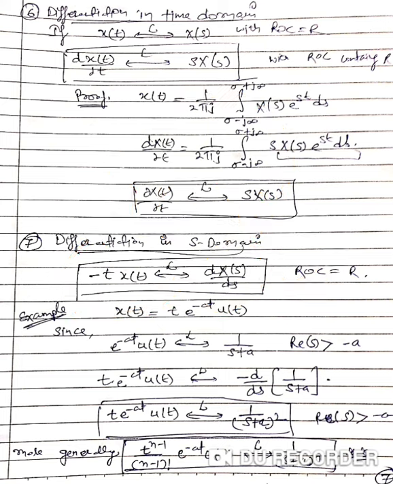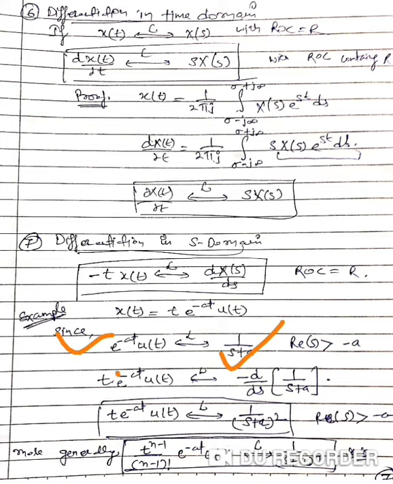For example, x(t) is equal to t into e raised to power minus at u(t). We know that for e raised to power minus at u(t), the Laplace transform comes out to be 1 upon s plus a, and ROC is real of s greater than minus a.